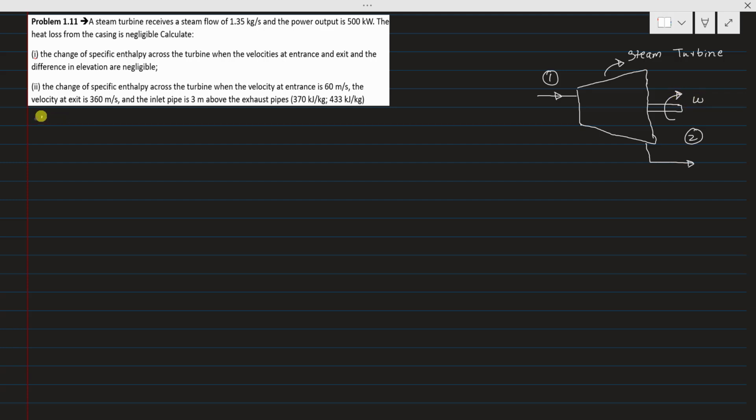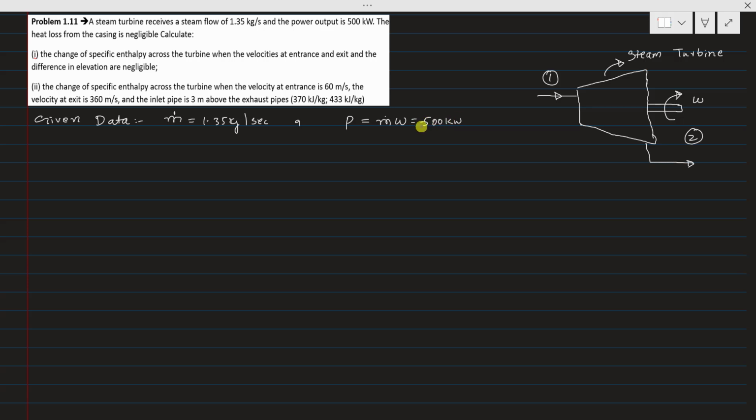So the given data: mass flow rate of the steam is given as 1.35 kg per second, and the output of the turbine, that is P, is equal to m dot W, and it is minus 500 kilowatt.